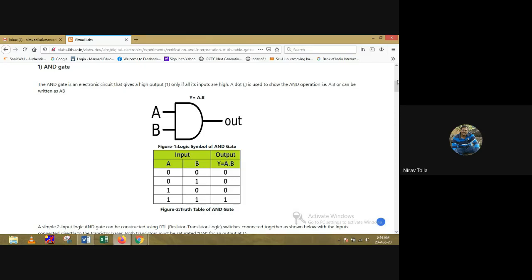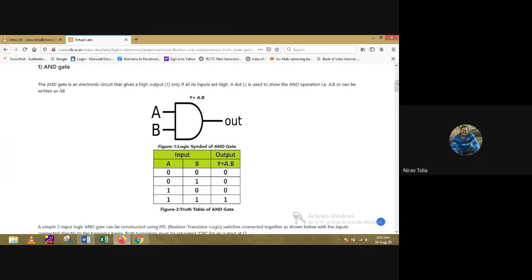You can simply calculate by the simple rules of multiplication: 0 into 0 is 0, 0 into 1 is 0, 1 into 0 is 0, and 1 into 1 is 1.